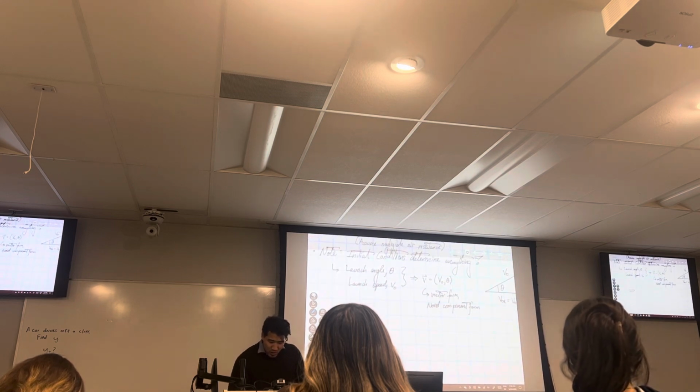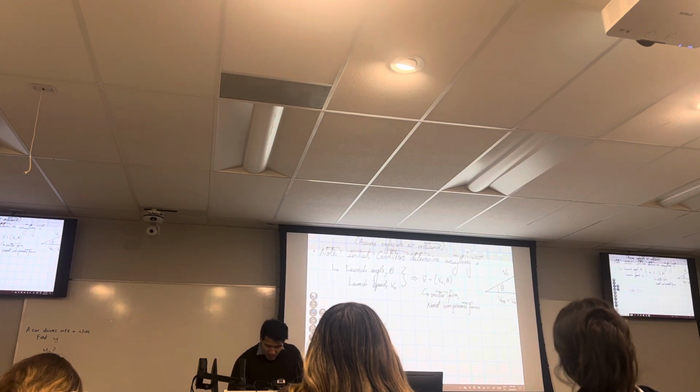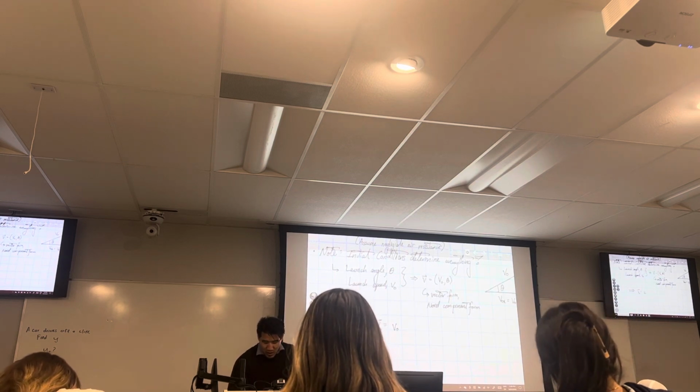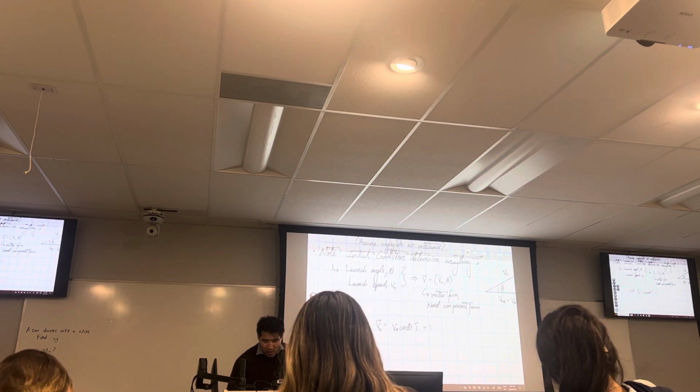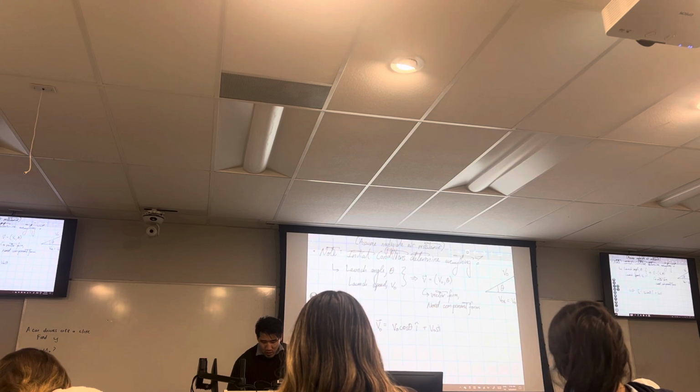So then your initial velocity is V naught cosine of theta i plus V naught sine of theta j.